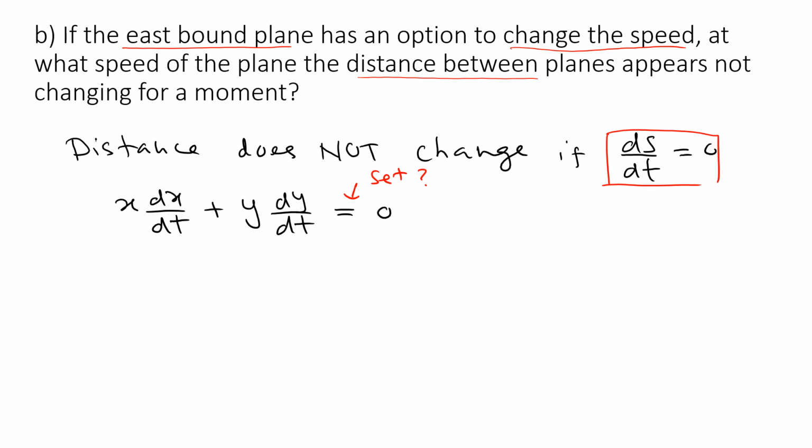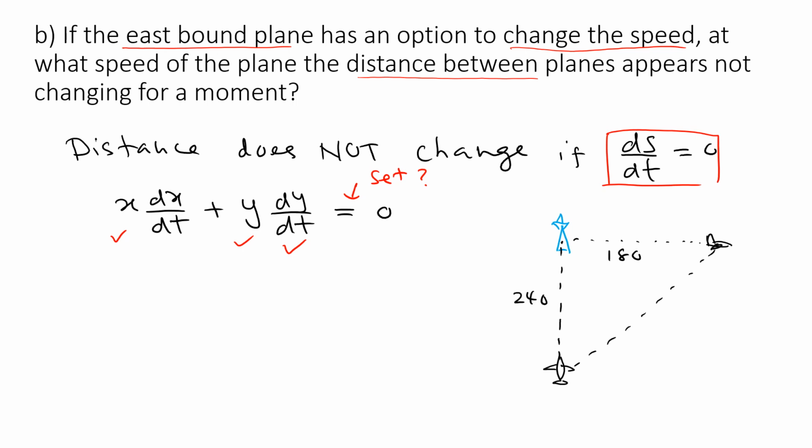What we're trying to do is use the x value, y value, and dy over dt, and solve for dx over dt now. If you recall the situation, these numbers are still the same. This is 180, this is 240.